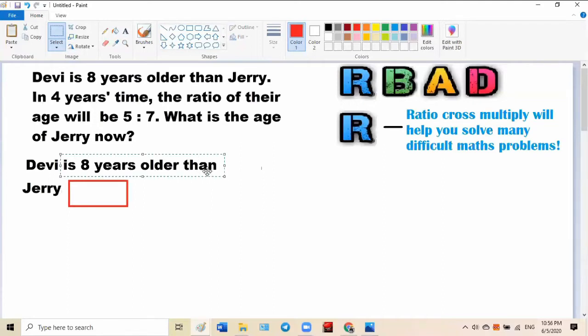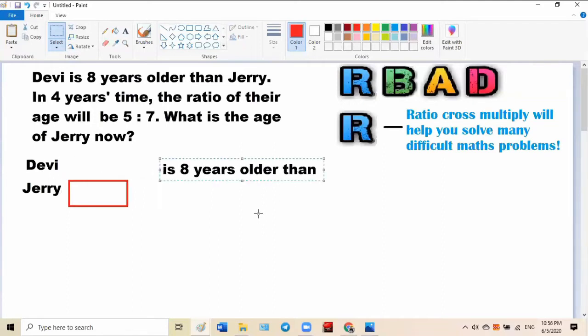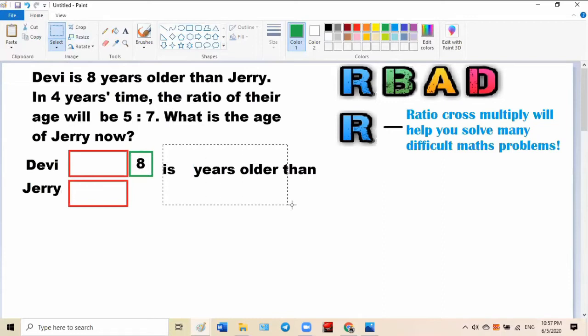That means Davy will be a longer box, so we duplicate the same box there, but Davy has to be 8 years older. There you go, so we put the 8 into the green box. Davy is 8 years older than Jerry.